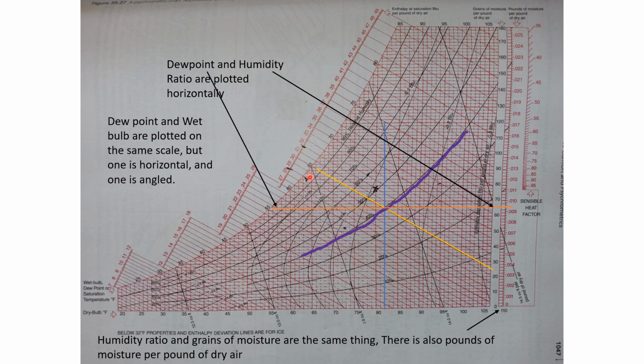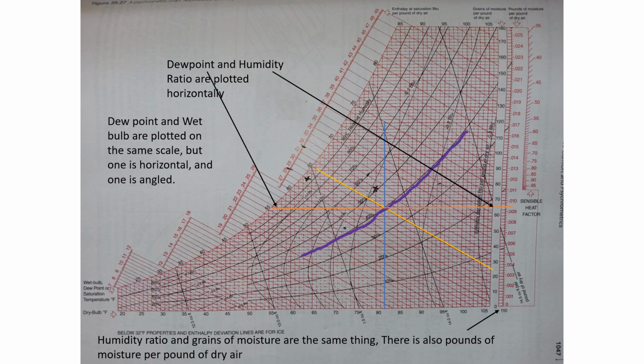So dew point and wet bulb are read off of this same scale, but they're plotted differently. Wet bulb is at an angle like that. Dew point is horizontal, like so. Okay, and there we go. So that's interesting. By the way, humidity ratio and grains of moisture are the same thing. There's also something called pounds of moisture per pound of dry air, not something you're really going to have to worry about.